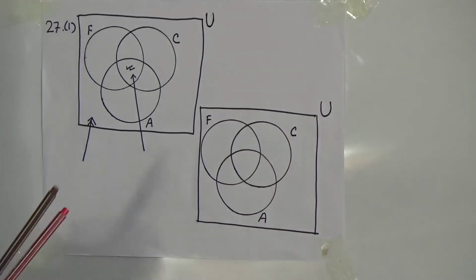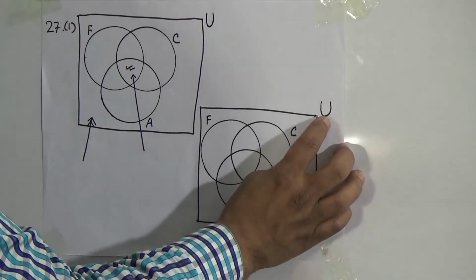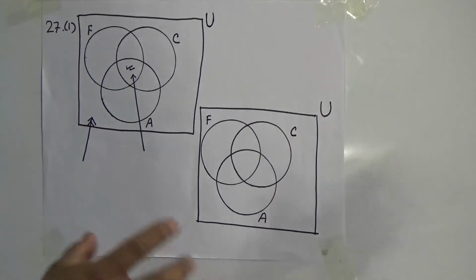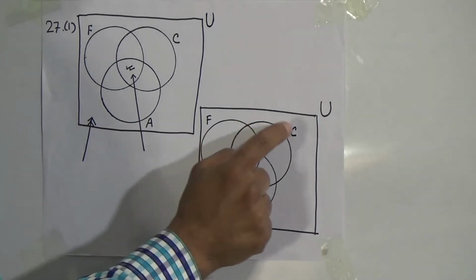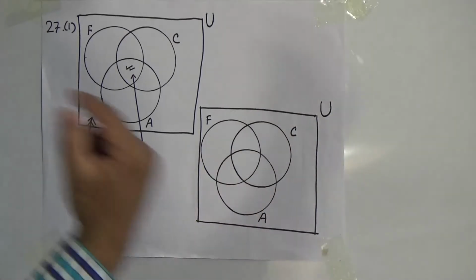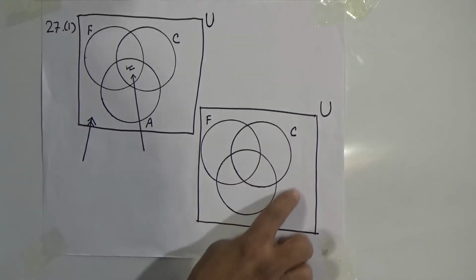Now if we are going to calculate the number of elements of U, then we should add these two sets. Which two sets? The number of elements of F union C union A, added with the number of elements of F union C union A's complement, that means the outer set.